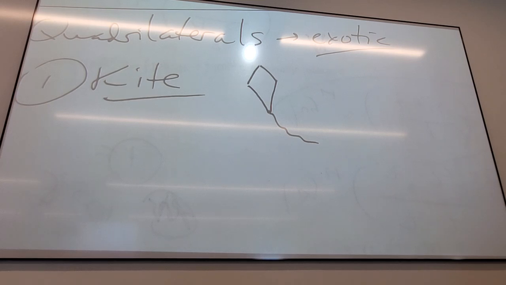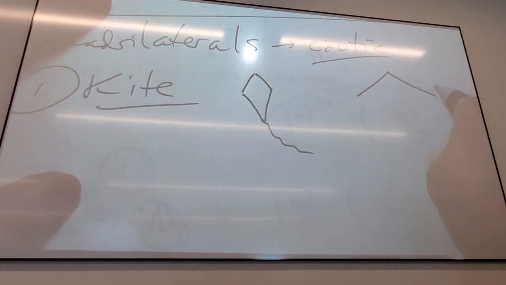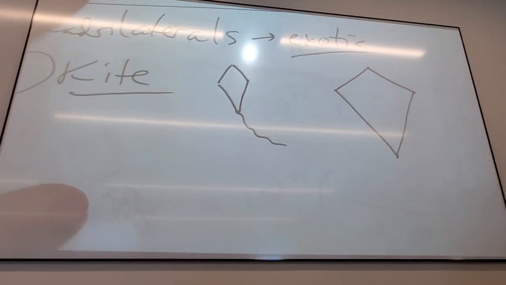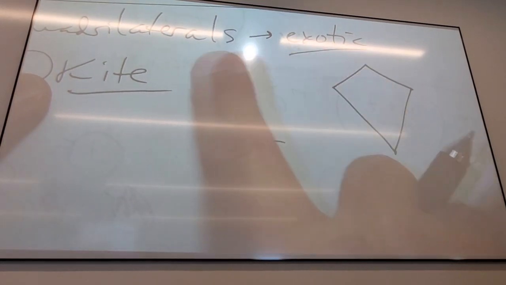Is there anything that has to be true about the angles? If she would have drawn the top a little bit more out, would you guys have freaked out? Couldn't a kite look like this? Doesn't it have a bigger angle than that?